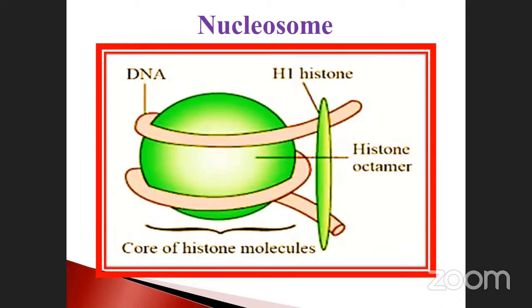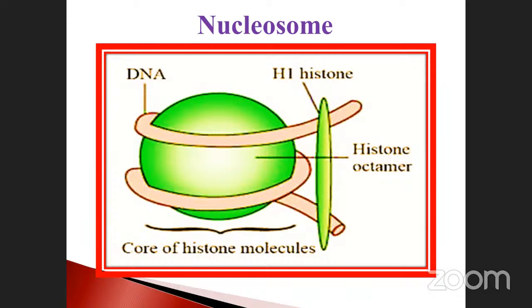The DNA molecule surrounds the histone molecules, which are an octamer, 8 molecules present inside, and also the H1 histone protein molecule. It maintains the structure of the beads, collectively called the core of histone molecules. The entire structure is collectively called the nucleosome.